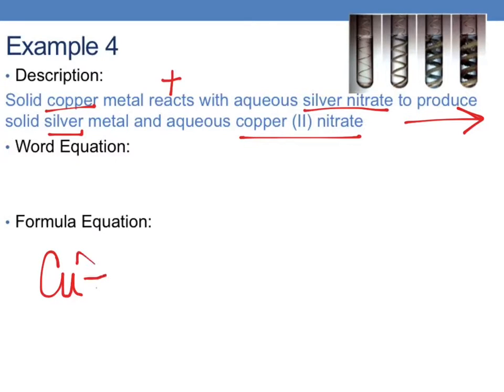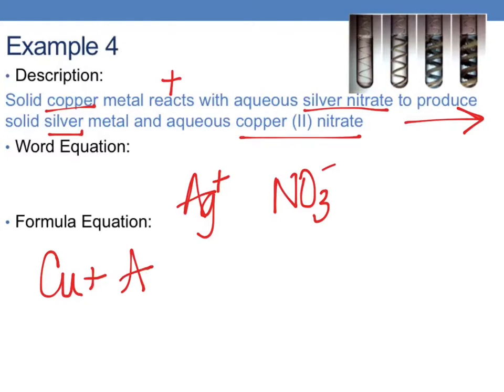And it reacts with silver nitrate. So silver is Ag with a +1. Nitrate is NO3 with a -1. So the formula for silver nitrate is AgNO3. Maya, put it away.